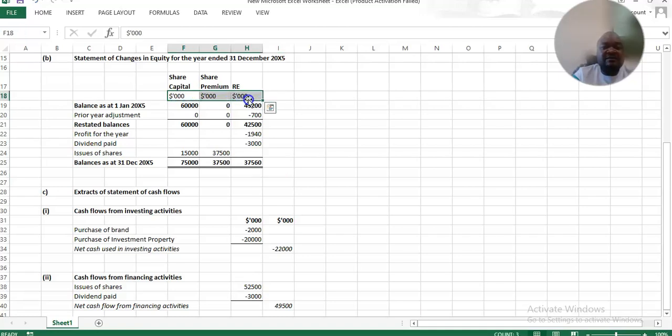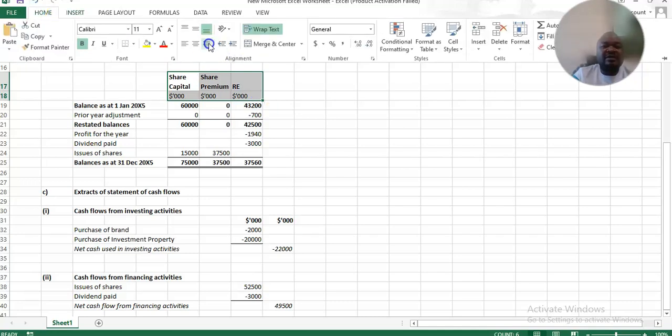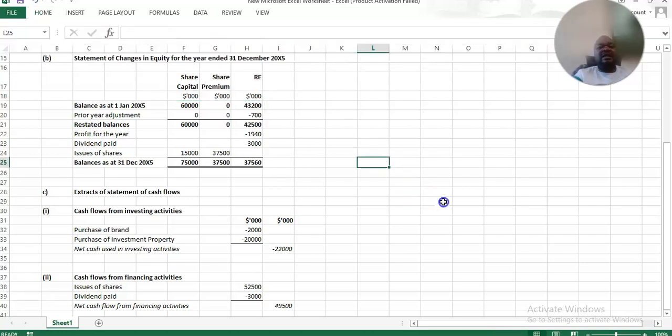Can do the same. The formatting can be done everywhere, and we can put information on top just like that.